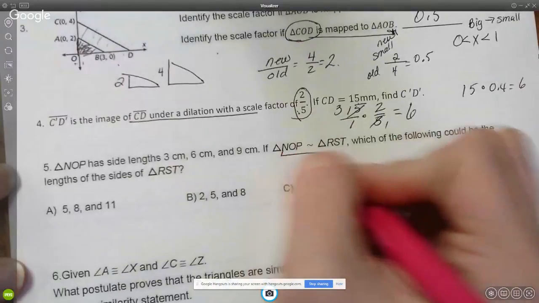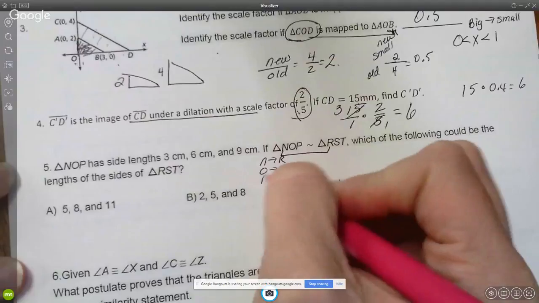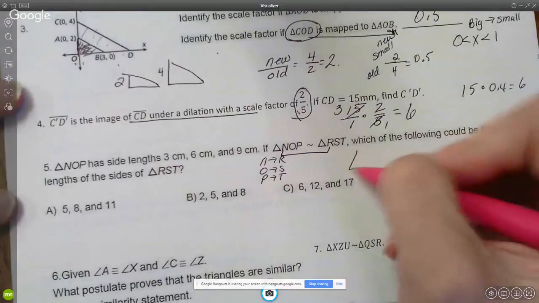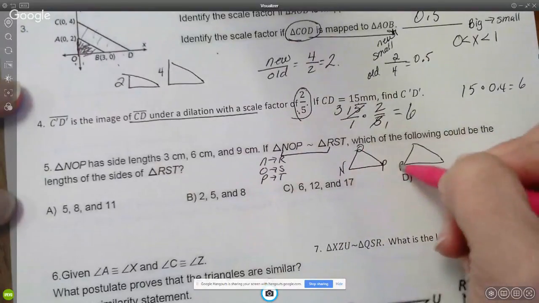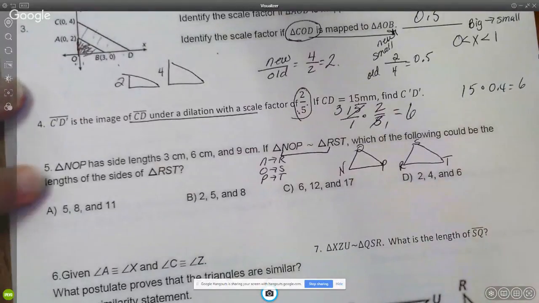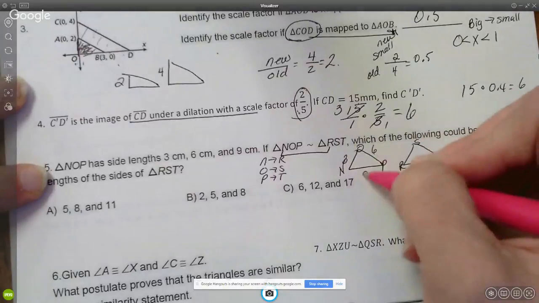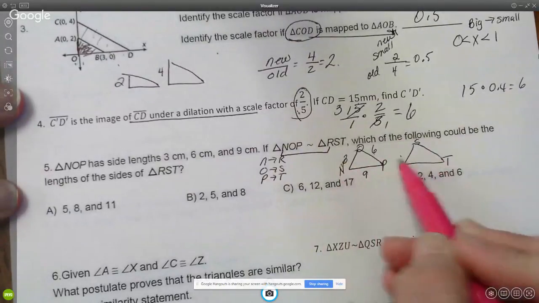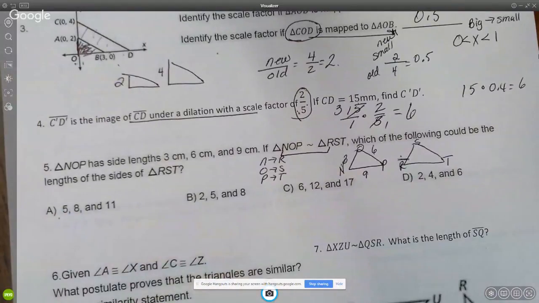So now we know that N is going to map to R, O maps to S, and P will map to T. So NOP, RST, and it tells us just in order, I'm going to put the 3 here, the 6, and the 9. It doesn't matter, it's just a sketch. So we have to think about what number can I multiply 3 by to get me here? Well, I would do 5 divided by 3.